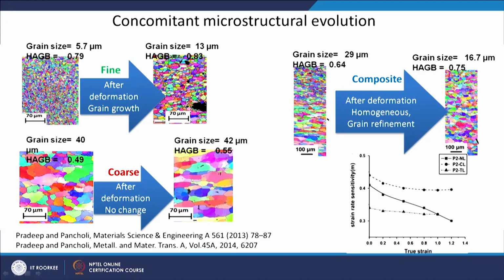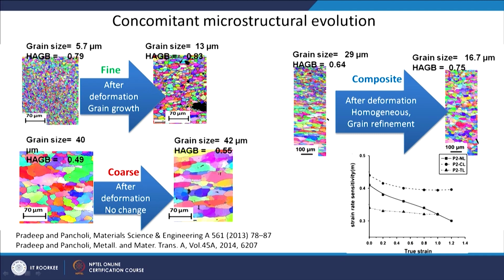So, this is the initial fine grain microstructure, okay, only when we have taken the fine grain microstructure. Okay. After deformation it is showing dynamic grain growth. Okay. So, the grain size is increasing, as you can see, this is the initial grain size, this is the final grain size. So, from 5.7 we have come to 13 micron during the deformation.